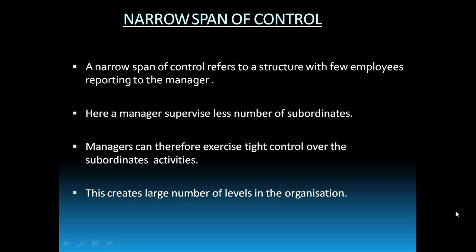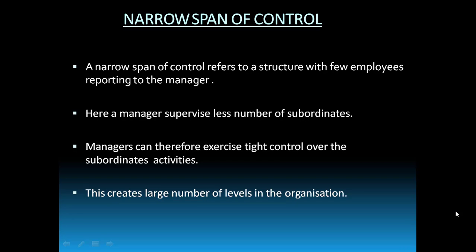In the same way, if in an organization a manager has to supervise a lesser number of subordinates, he too will be able to supervise those subordinates very nicely and he will exercise tight control over them. By exercising tight control, we mean that the manager will be able to keep a close check on the activities and work of the subordinates. Now, when there is narrow span of control in the organization, this will create a large number of levels in the organization.